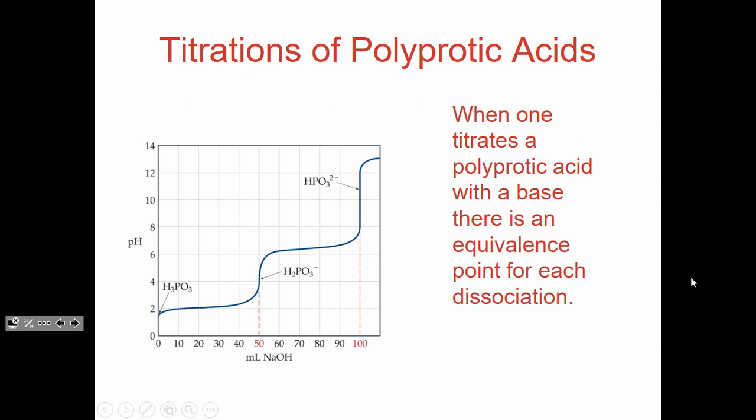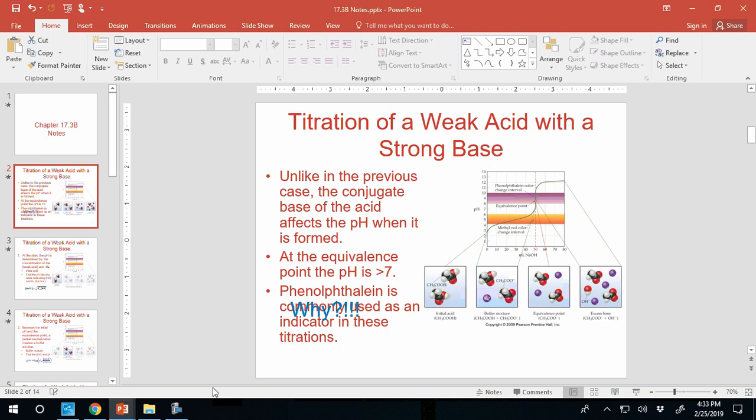So the number of big swings is going to equal the number of hydrogens in the polyprotic acid. So you're going to have multiple equivalence points when you have a polyprotic acid. And that finishes our second set of notes from section 17.3.